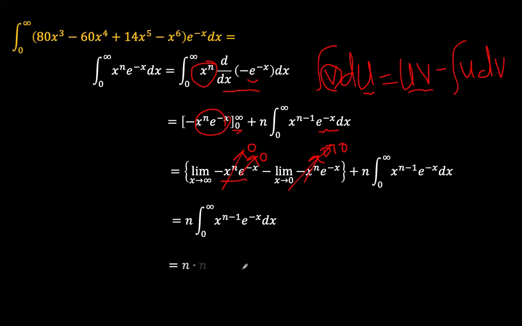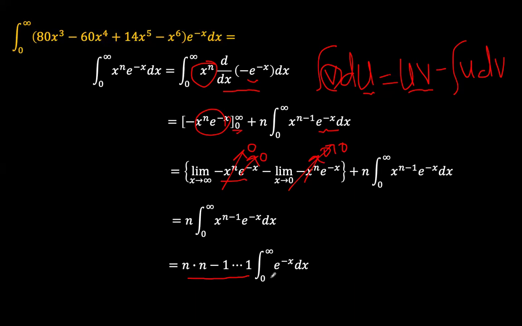We can repeat that same process and keep doing it. The constant reduces all the way down to 1, at which point x to the power 0 is what we get, and so this becomes 1. So we have n factorial times the integral of e to the power negative x from 0 to infinity.